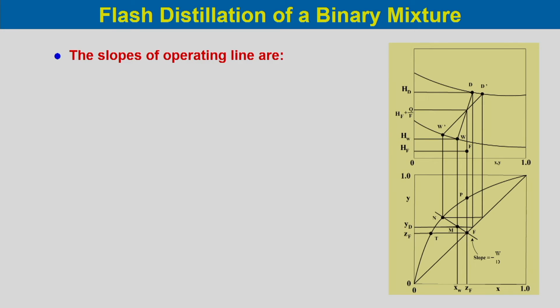Now, the slope of the operating line is minus W by D, and the other slope for this line is YD minus ZF divided by XW minus ZF, which will be negative again, because ZF is more than XW.